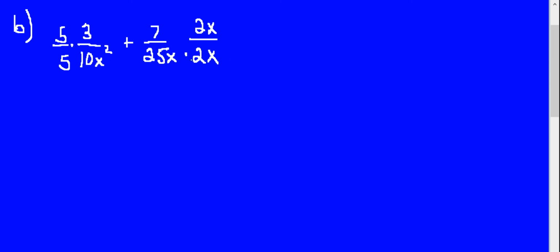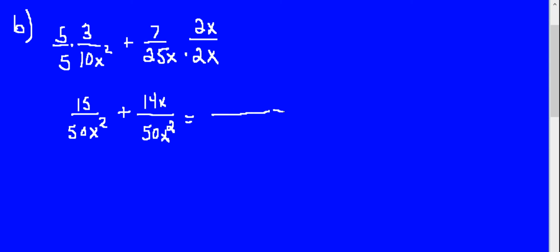Now I'm going to rewrite the problem: 5 times 3 is 15 over 50x squared plus 14x over 50x squared. They should be the same denominator, which they are.